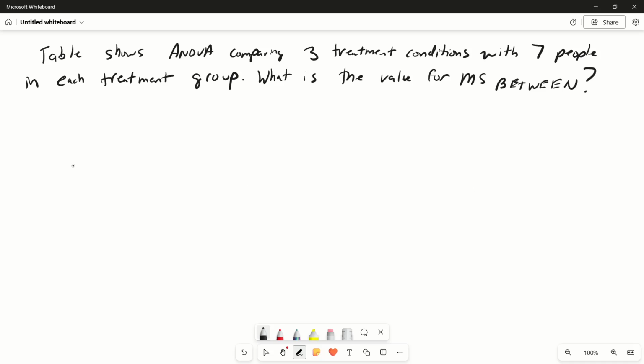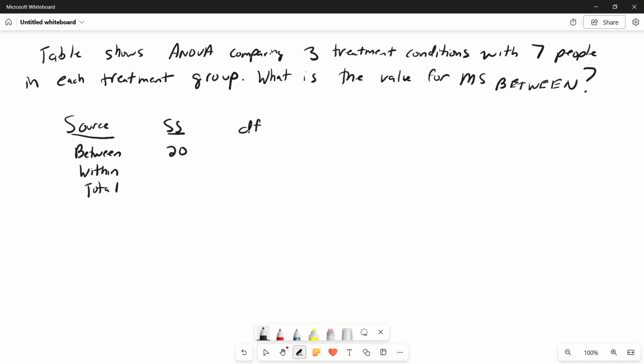So that's a question. Here's what we have. We have source. We have between. We have within. And we have total, of course. Then we have a sum of squares column, and we have 20 here for between group sum of squares.